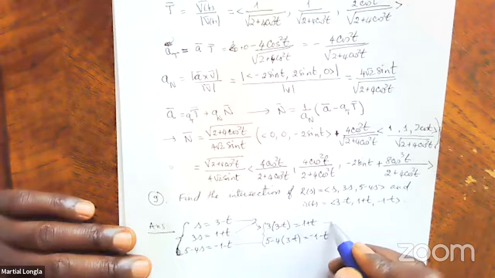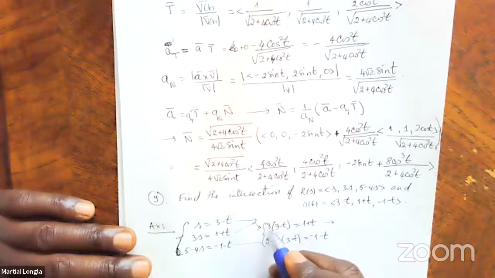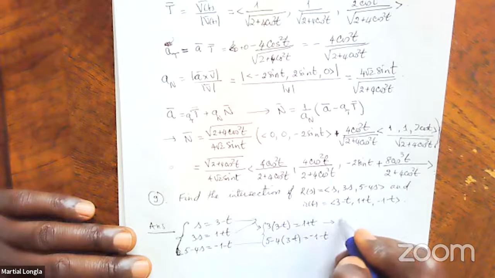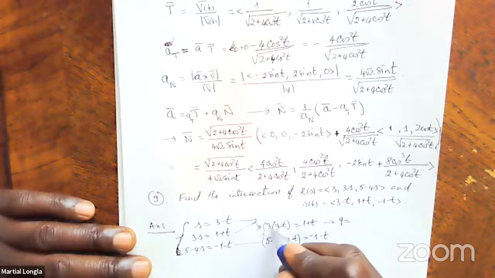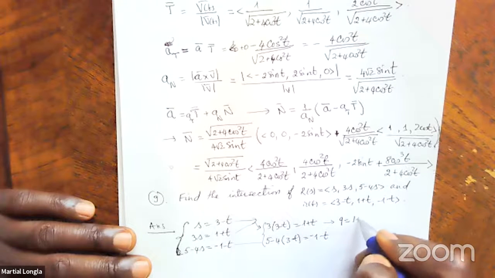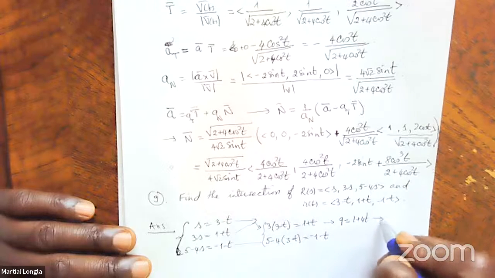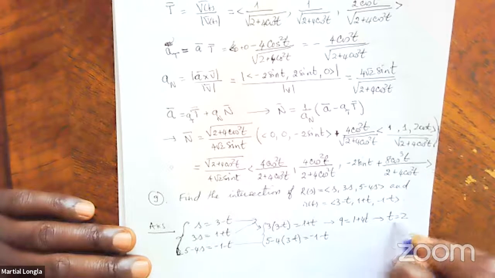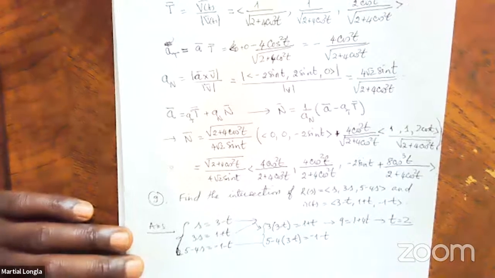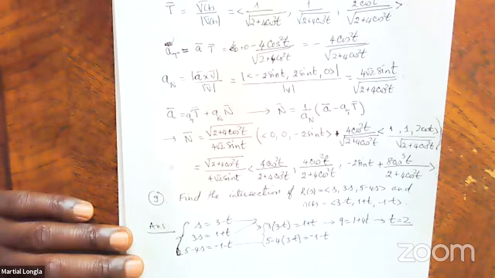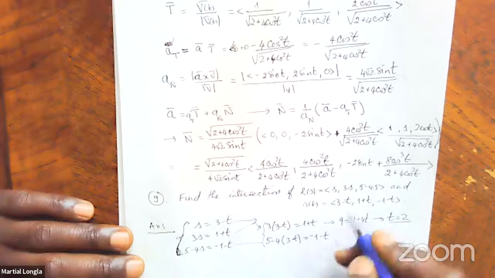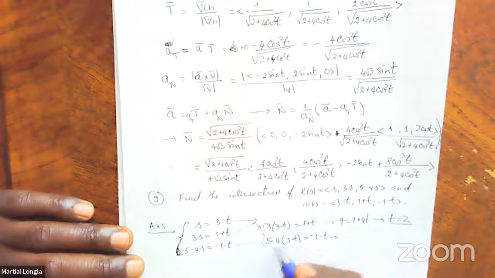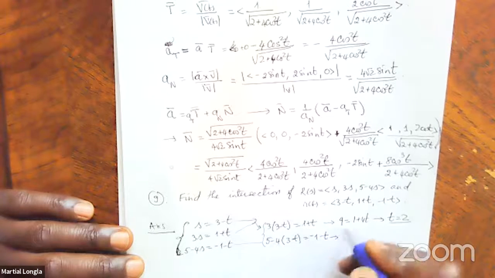So here I'm going to solve that first one. So this is 3 times 3, 9, equals minus 3t goes to the other side, becomes 1 plus 4t. So it gives you t equals 2 in that first equation. And in this second, you got 5 minus 12.